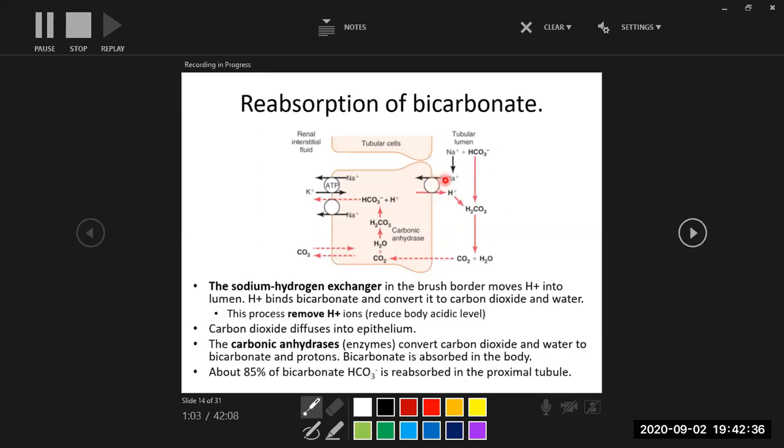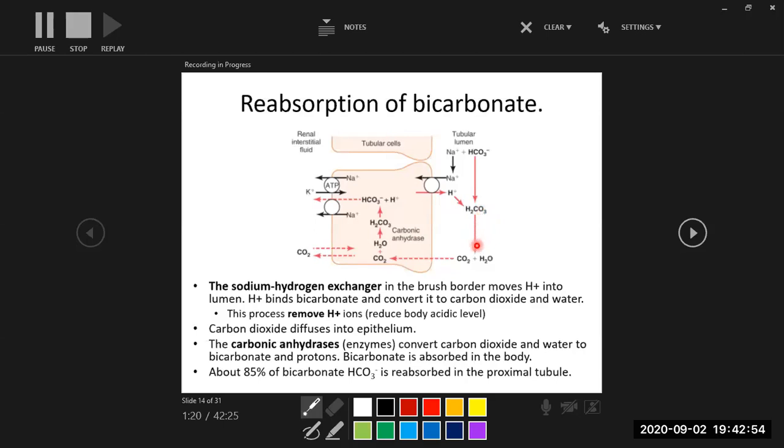With this one, when sodium diffuses in due to the concentration gradient, hydrogen gets transported out. Hydrogen then meets with bicarbonate to form H2CO3.